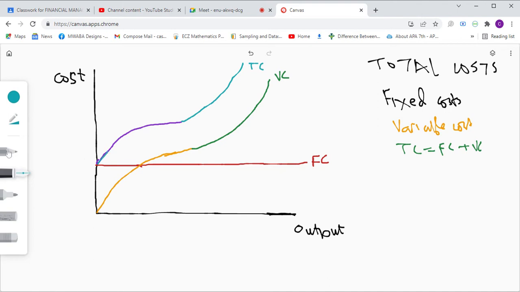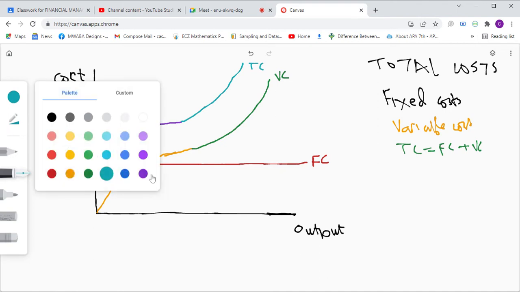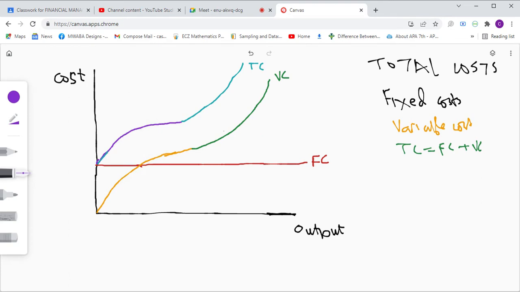All right. As we can see here, where it's purple, where the total cost curve is in purple. All right. At this point here, the total costs are increasing at an increasing rate. Okay, the total costs are increasing.